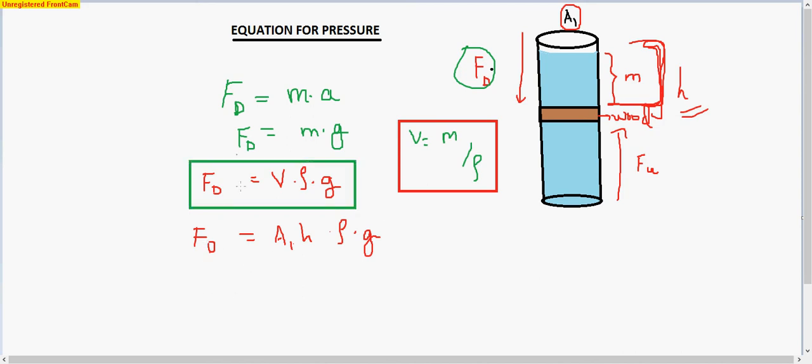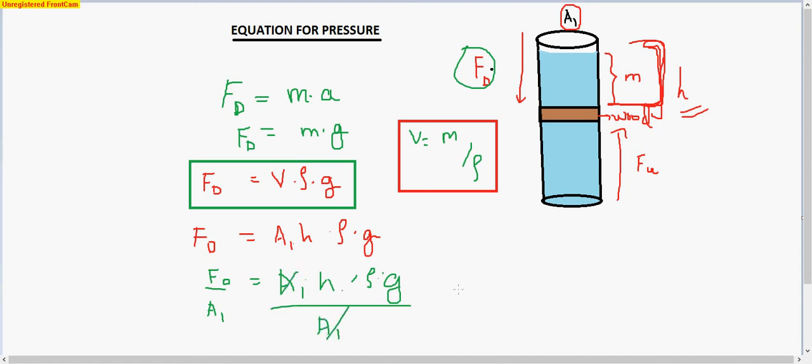Now from here, what is pressure? As you know, pressure is force by area. Therefore Fd by area A1, that's the area of this. That's the force this wood piece is going to experience. Therefore we write it as A1 into h into rho into g divided by A1.